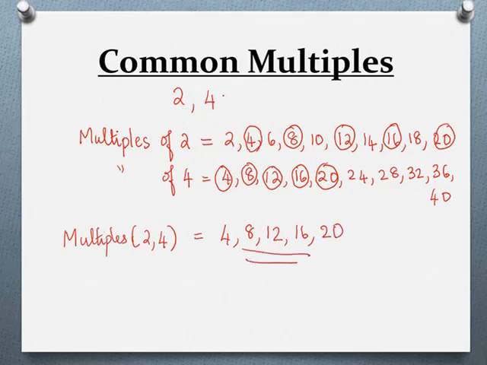Like this we can find by listing out all the multiples of the given numbers and finding the common numbers. So I hope you understood how to find the common multiples of any 2 or 3 numbers.